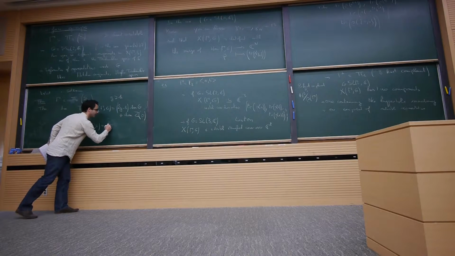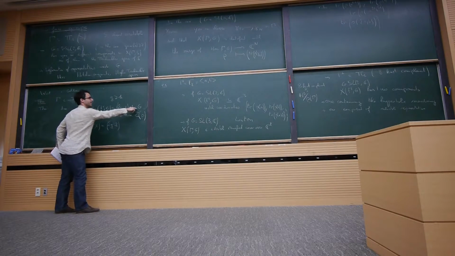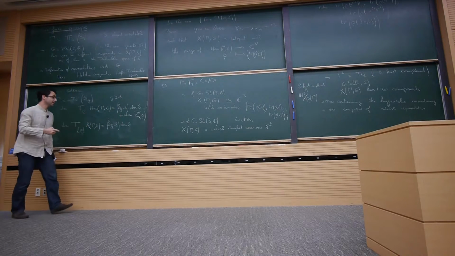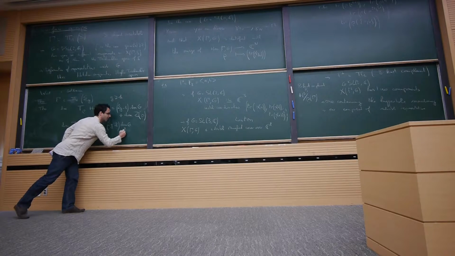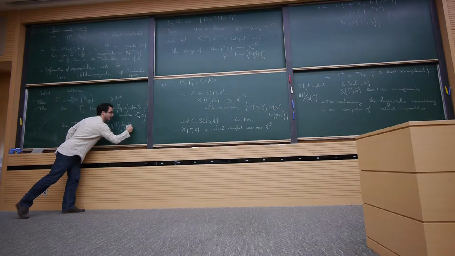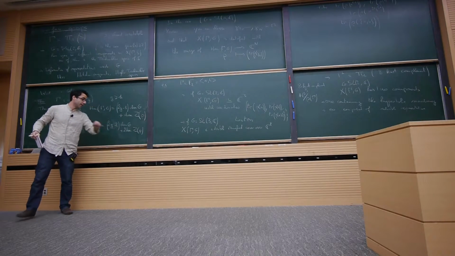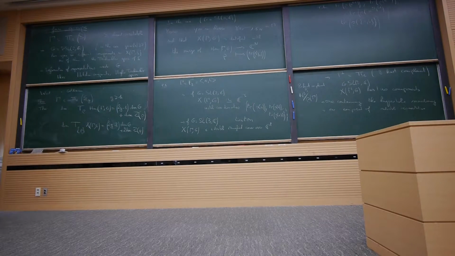So you lose one dimension of G because of the modding out, but you have to add one times the dimension of the centralizer.